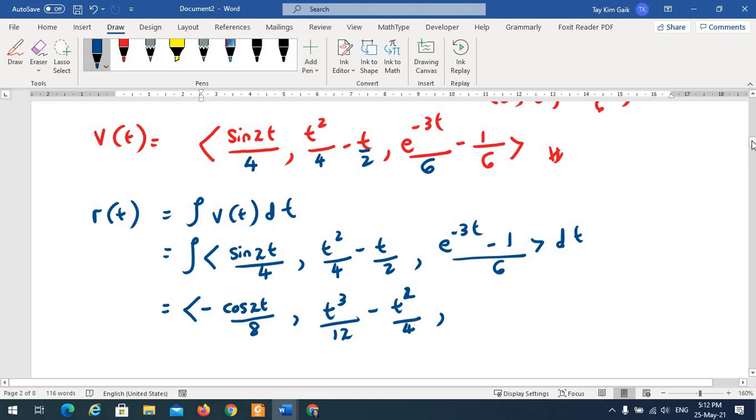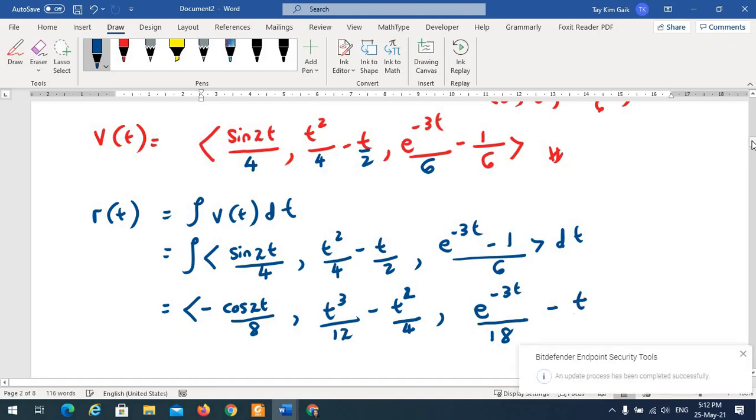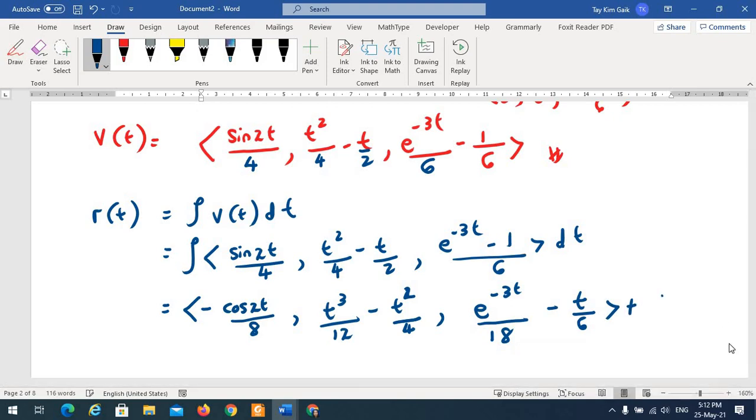Okay, for component k, integrate exponent negative 3t, so you have to divide by 3, so total is 18, and then here, integrate 1, so I have t over 6 at component k. Okay. Plus vector C2.